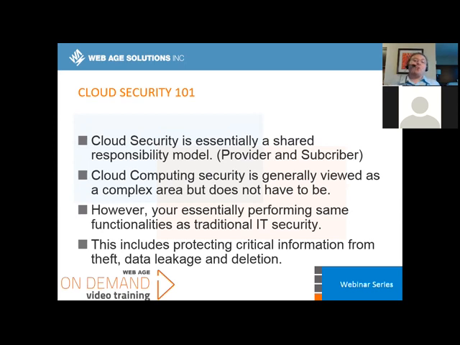Now, one of the challenges when I go into organizations is that a lot of organizations typically always have the idea that the threats are actually coming from outside the organization. Now, that's true. However, the threats can certainly come from inside the organization. And I'll talk about some of those threats as well.